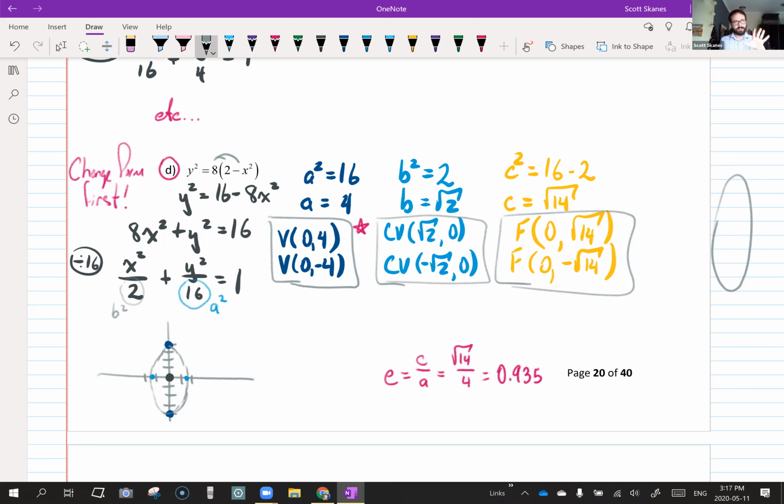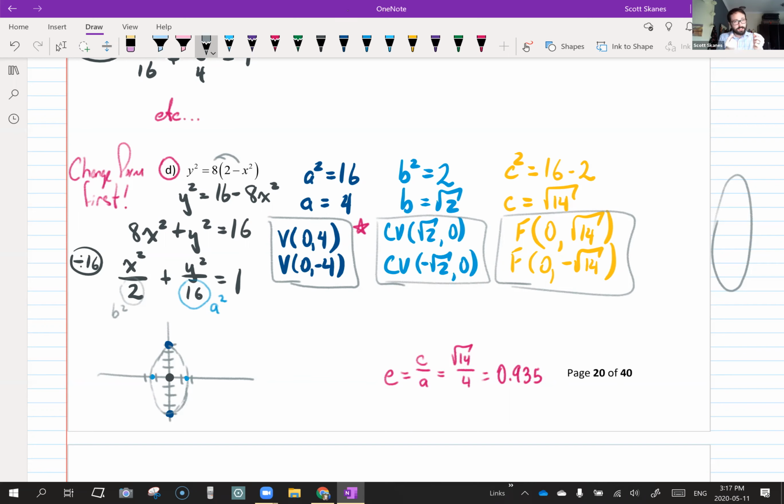These are the basics. So once again, 5 things. I'm going to say it again because it's so important. And if you understand what each piece is, you'll have no trouble with the rest. Center, h and k. Vertices, which you add to the major axis. You get it from the center to the major axis, how big it is. It's like a radius for the major axis. Co-vertices, it's like a radius for the minor axis, depending on what the a value, b value are.